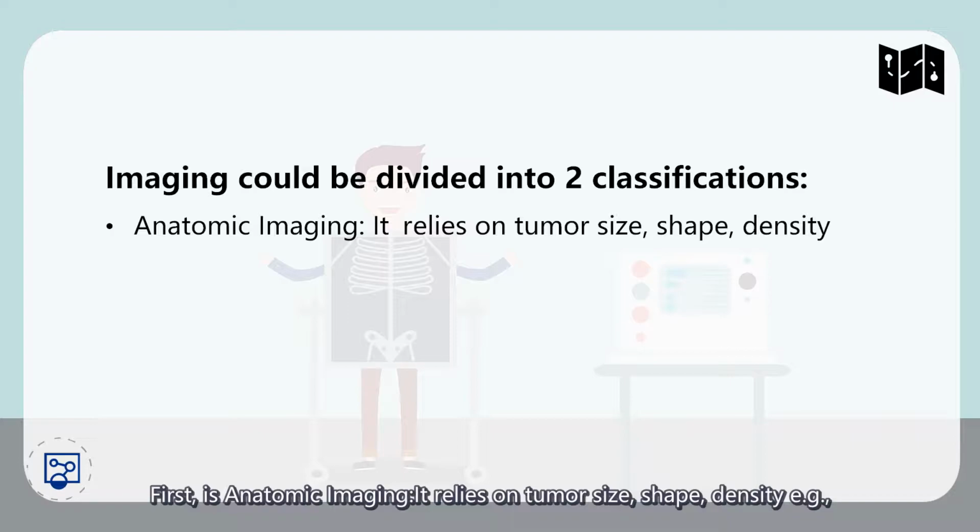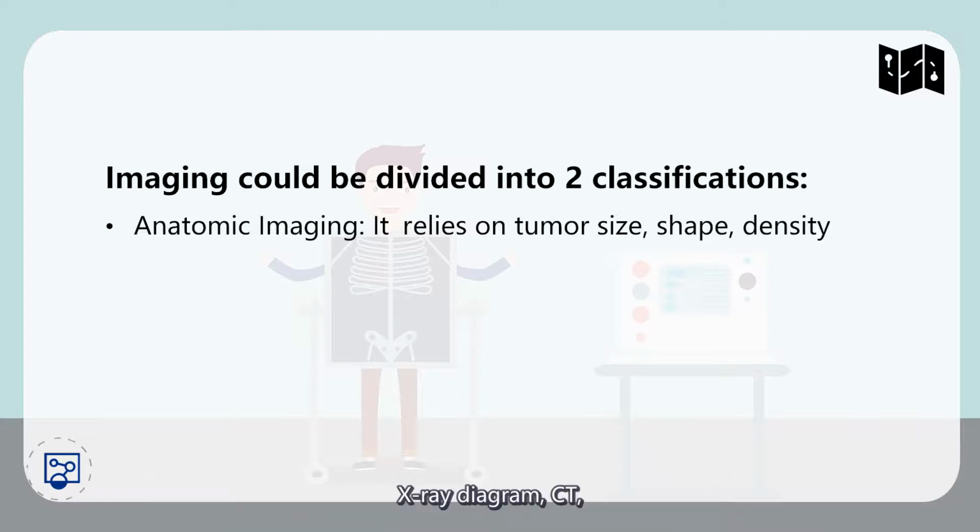It relies on tumor size, shape, density, for example, X-ray diagram and computed tomography can be used to do this anatomic imaging. It measures response by changes in size or density. It's anatomic imaging. Actually, it's a structure change.